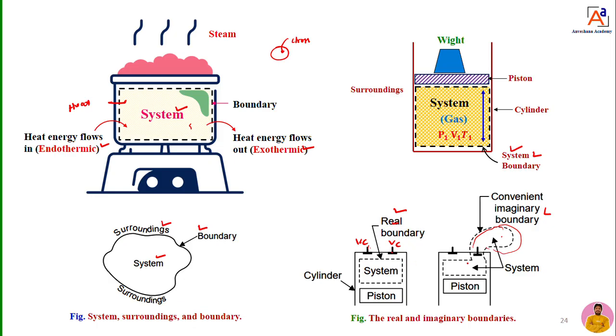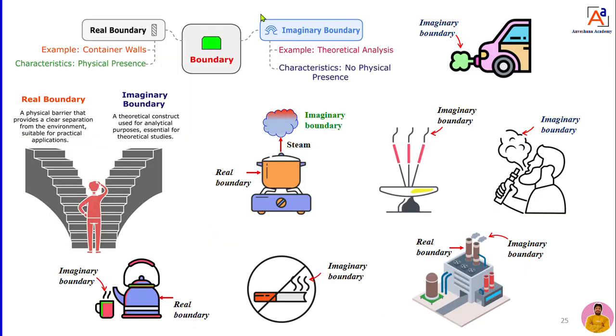With an imaginary boundary, there will be a boundary, but we are going to imagine it. The layer which is imagined, we call an imaginary boundary.